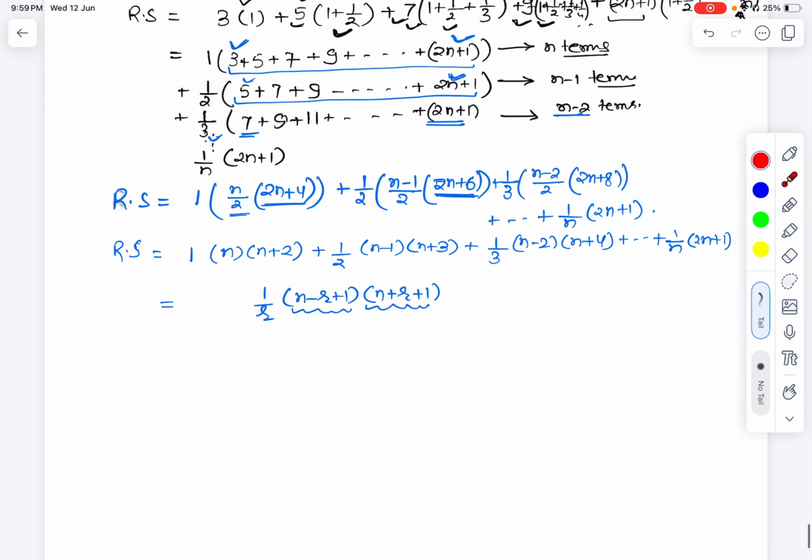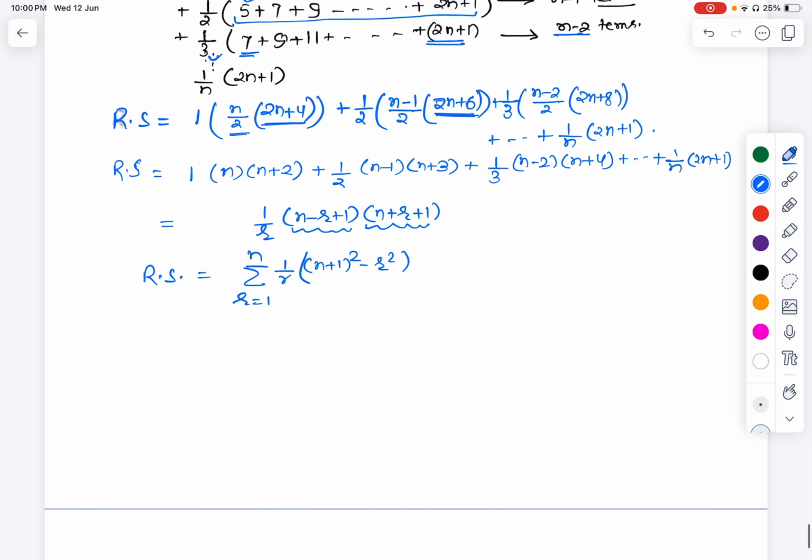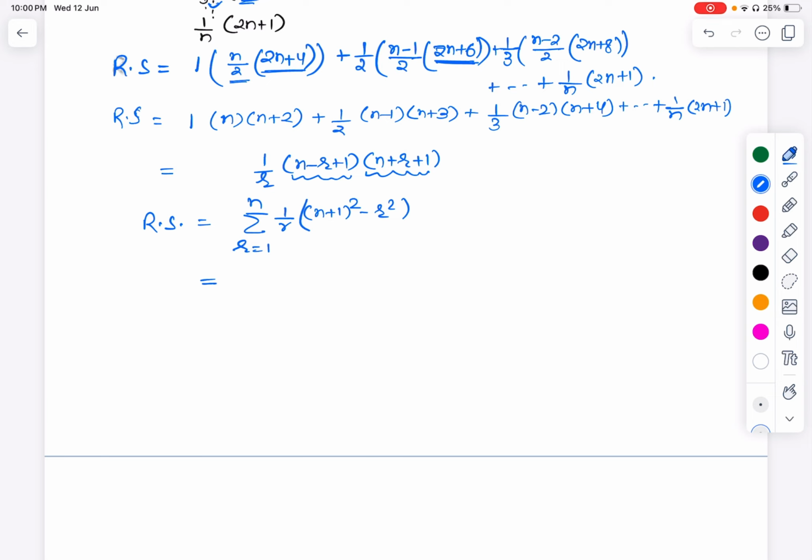So now we can clearly say that the required sum is summation over 1 by r, this we can write (n plus 1) whole square minus r square, where r is varying from 1 to n. Now this we can write (n plus 1) whole square by r minus r, this summation, r varying from 1 to n, correct?